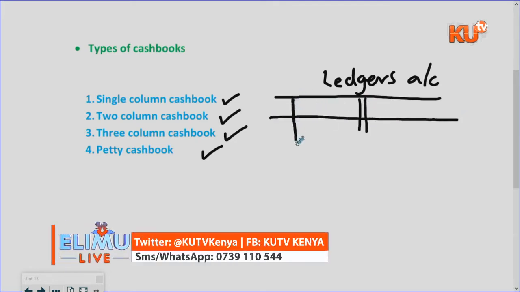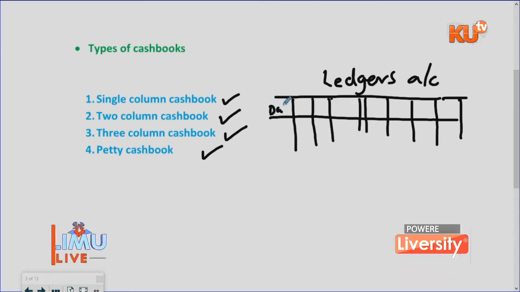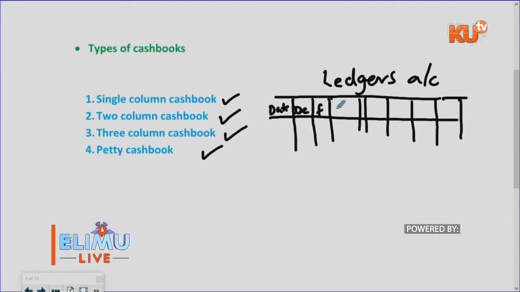It has a column for date, a column for details, a column for folio and amount. This is the date column, this is the details column, this is the folio, and this is the amount column.